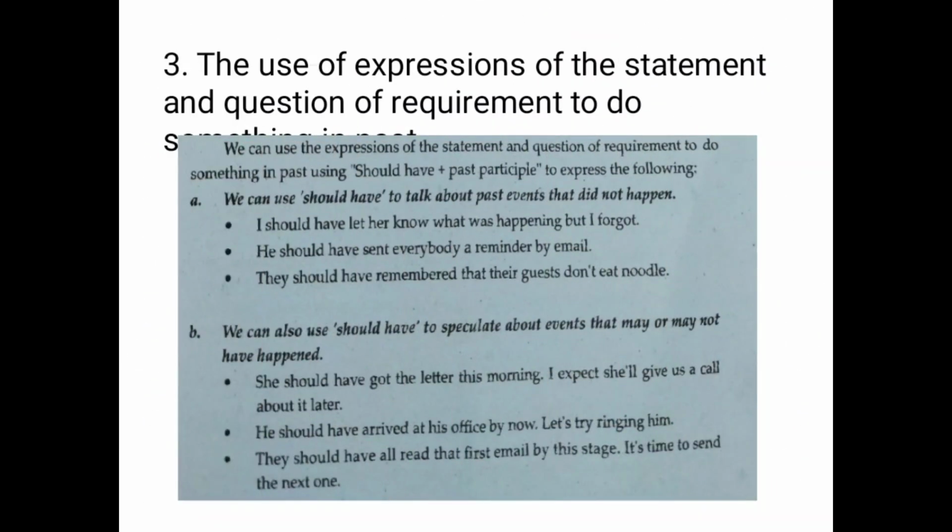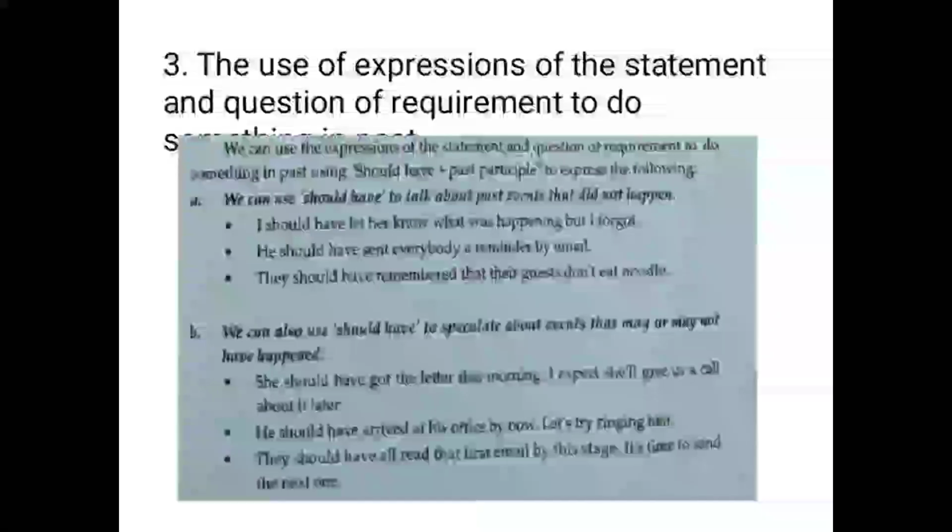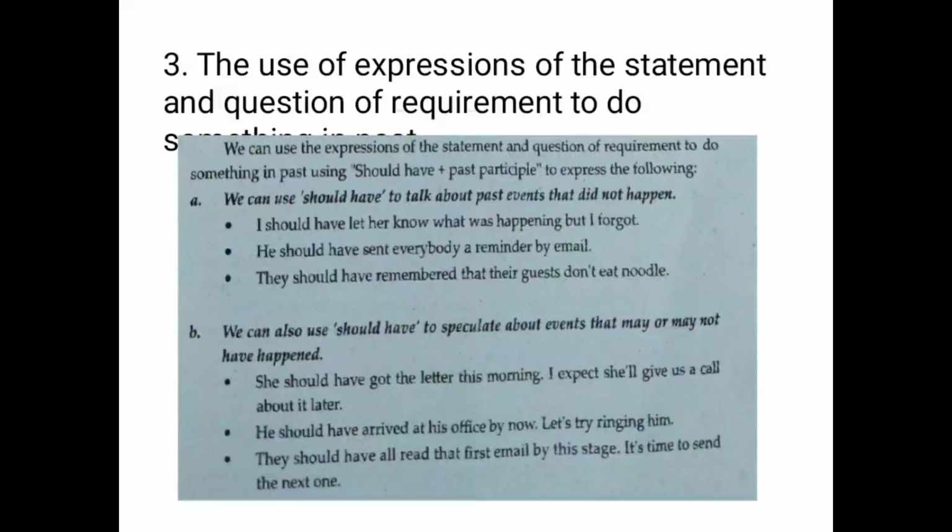In the third part, the use of expressions of the statement and question of requirement to do something in past. We can use should have plus past participle to express the following.